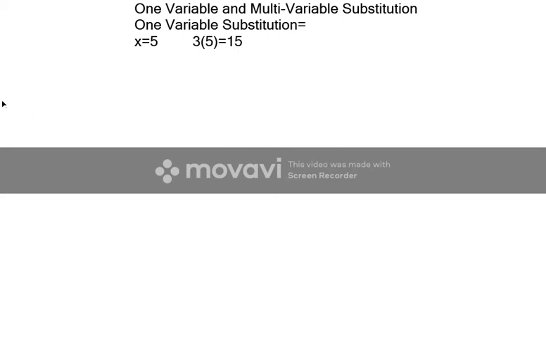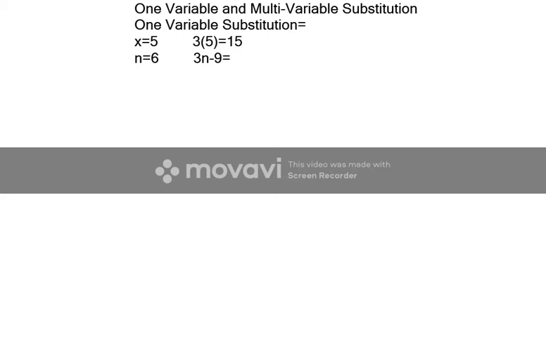A little bit more rigorous. Let's say that n is our variable. N is equal to 6, and then let's do the equation 3n minus 9.